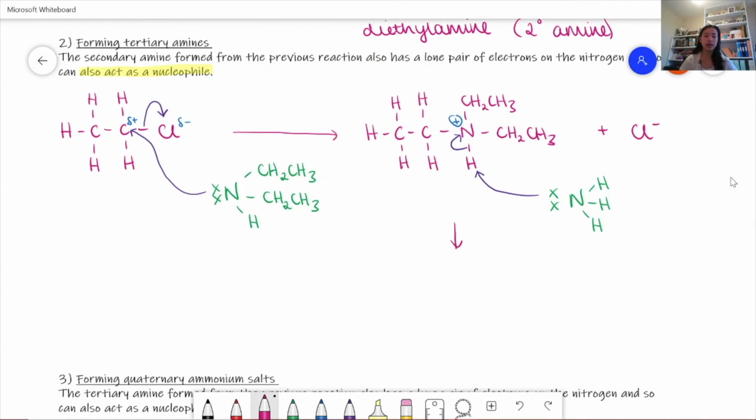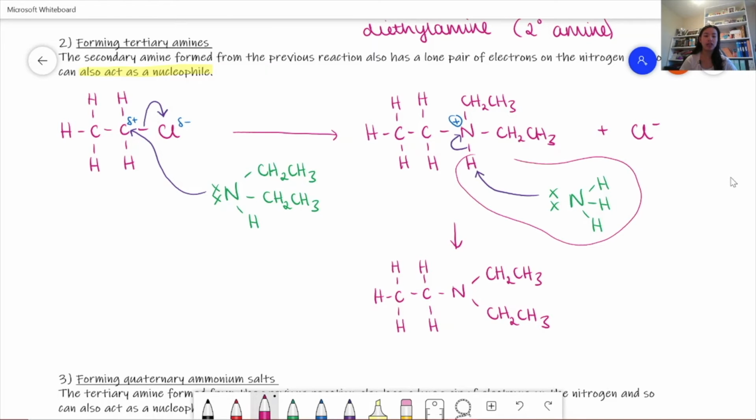What we get is CH3, and then CH2, and then nitrogen with two ethyl groups on it. And again, the NH4 plus is formed from the nitrogen donating its electrons to the hydrogen to form a bond with it. That NH4 plus reacts with the Cl minus to form NH4Cl.